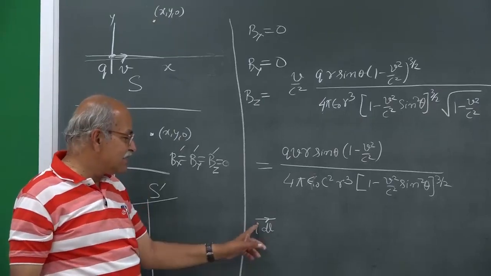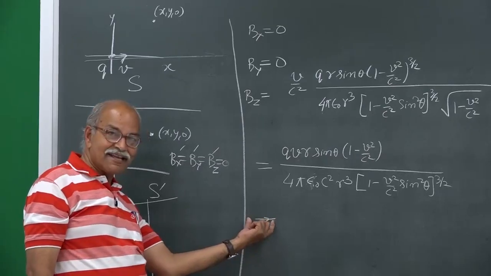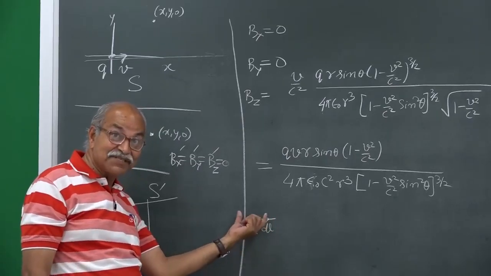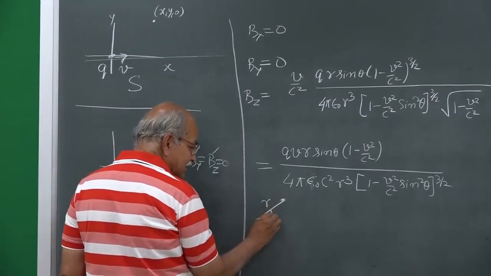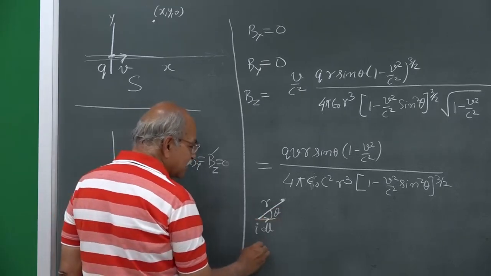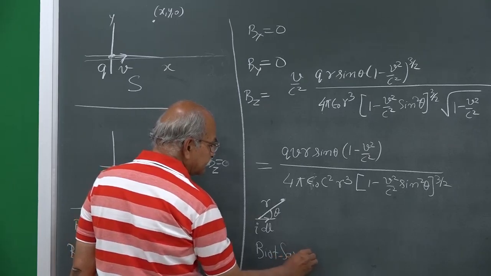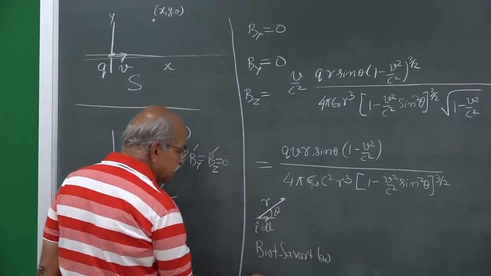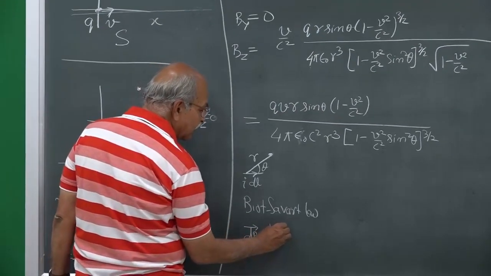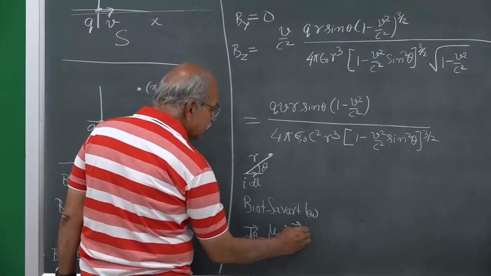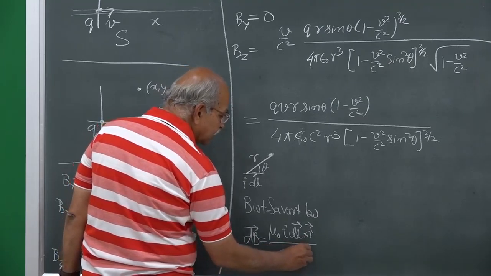So, you have a current in a circuit, and from there I take just a small part of length dl, and because of this part, what is the field here? If this is r distance and this is theta, then the Biot-Savart law is that dB is equal to mu naught I dl cross r divided by 4 pi r cube.